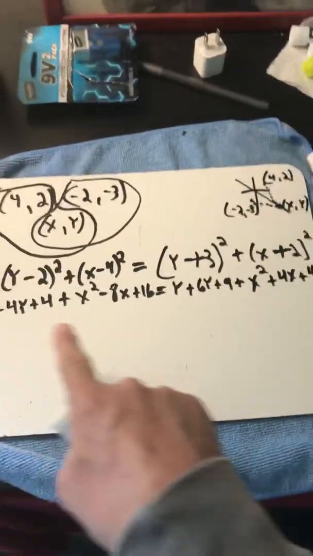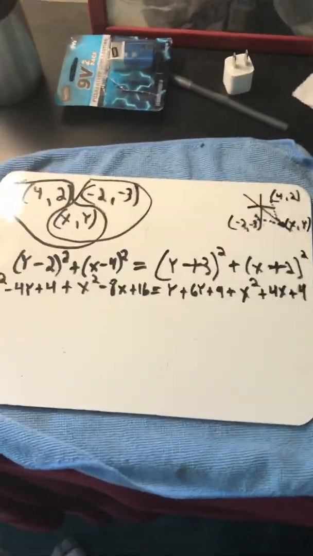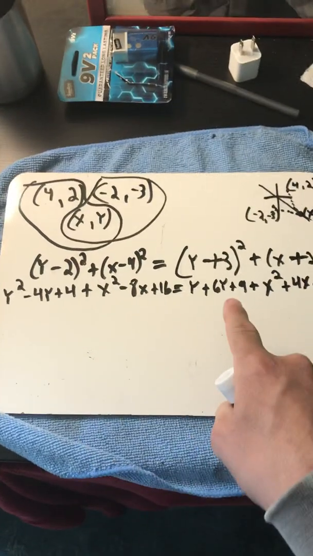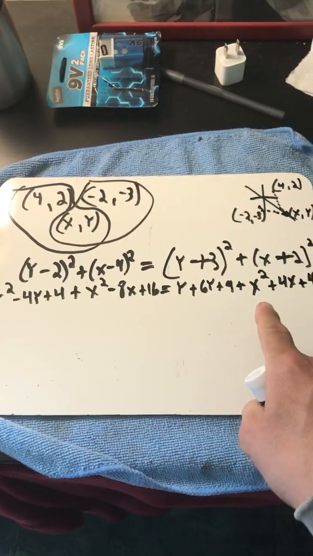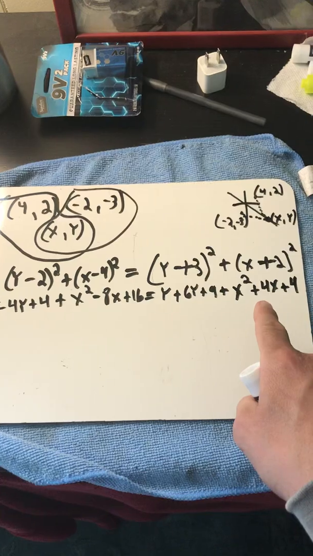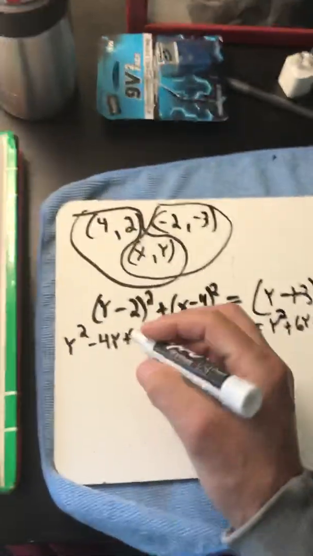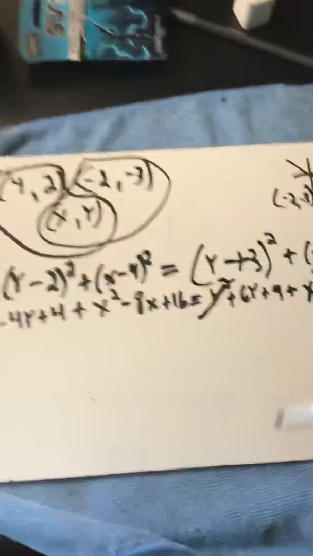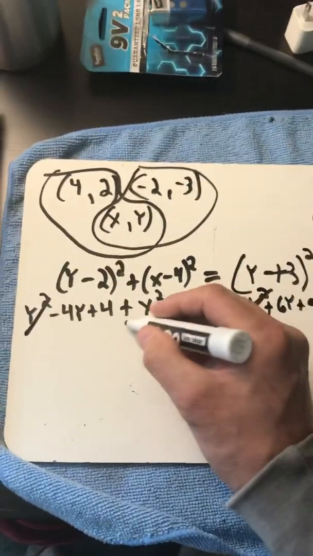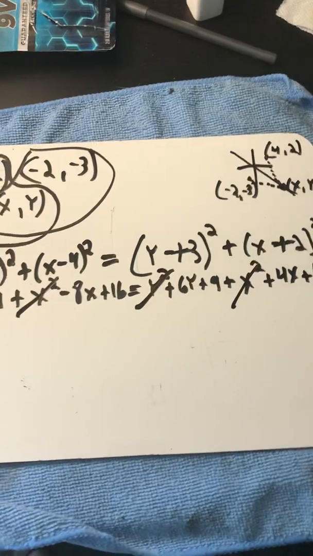Okay, so you get this big, long, crazy equation. Well, look, this should be y squared. You have y squareds on each side, so you can subtract those from each side. You have x squareds on each side, so you can subtract those.